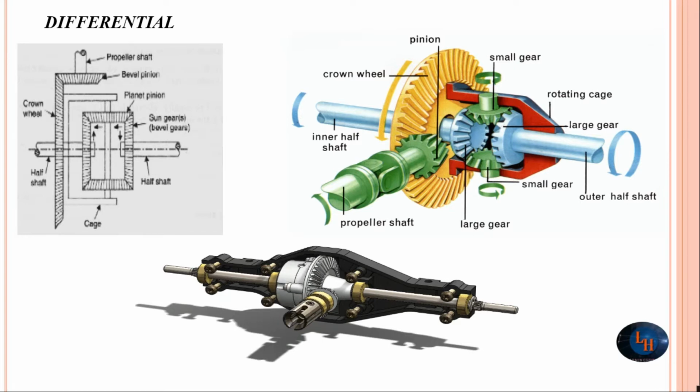It should at the same time keep the speed of the wheels the same when traveling on a straight path. This is accomplished with a differential, which is shown in the diagram and also in the animated figure.